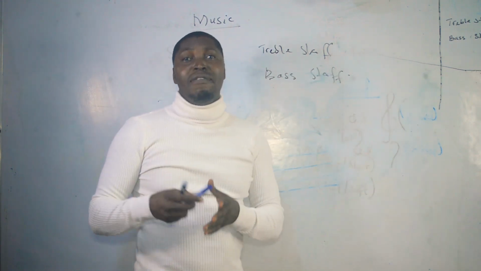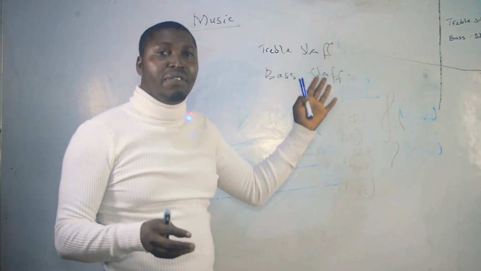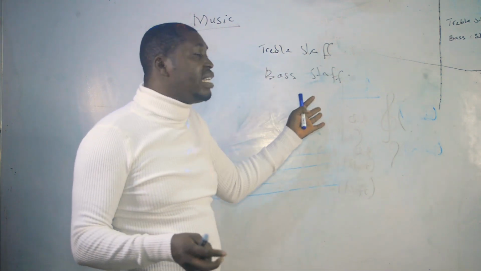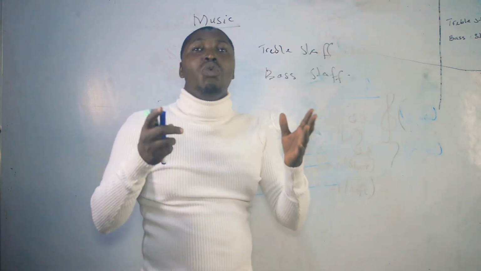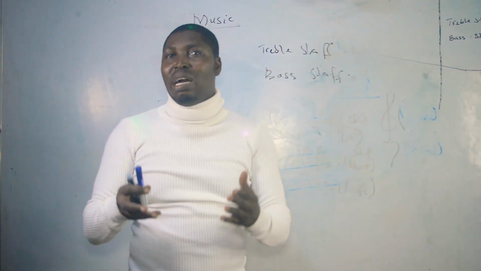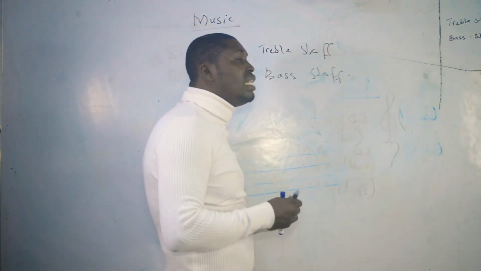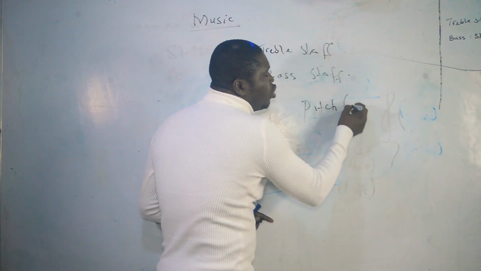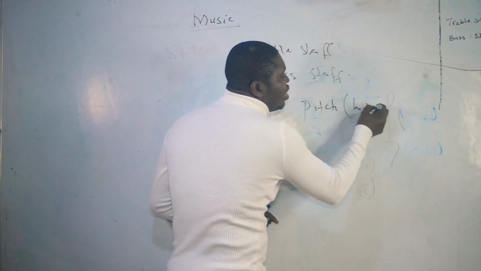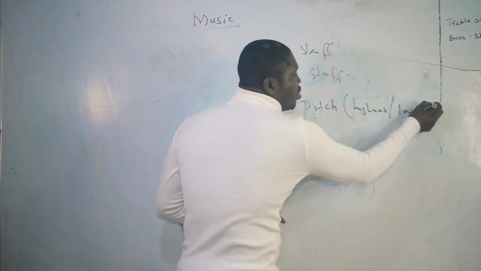A little recap of our previous class. From the first class, we talked about the properties of sound. You remember that we cannot make music without sound. In the properties of sound, we have pitch, which has to do with the highness and lowness of a note, right?